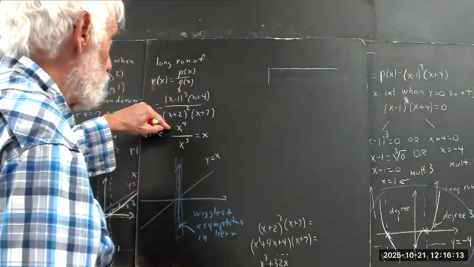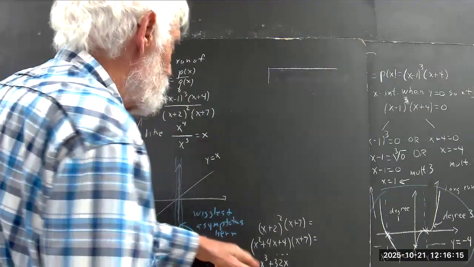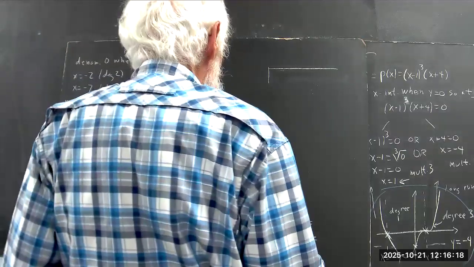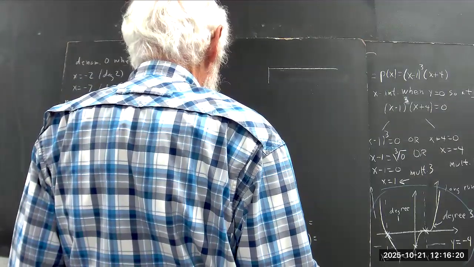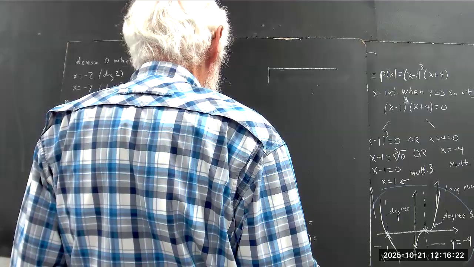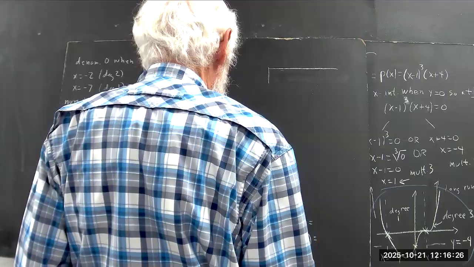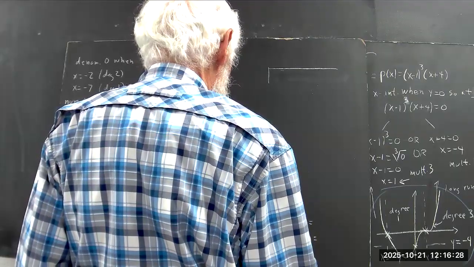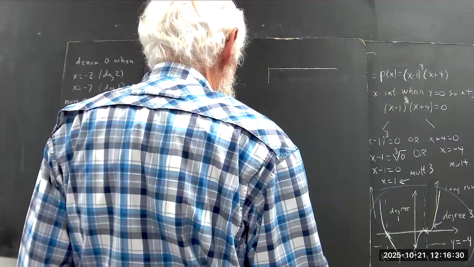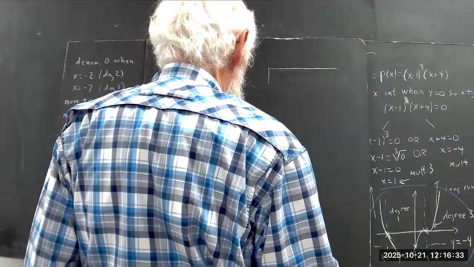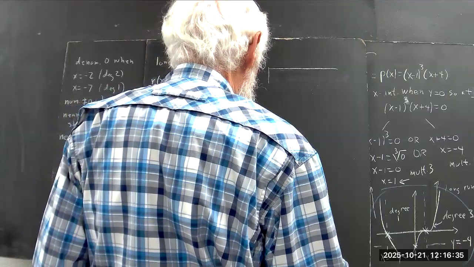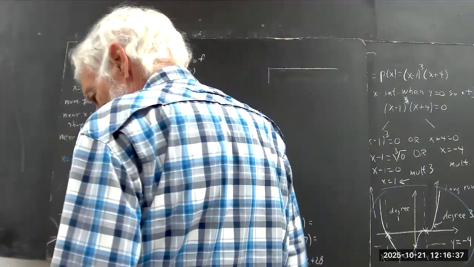Divide the numerator by the denominator. So the denominator is your x cubed plus... It's not 32x. It's 4x squared and 7x. 11x squared plus 32x. Not 32x, is it?